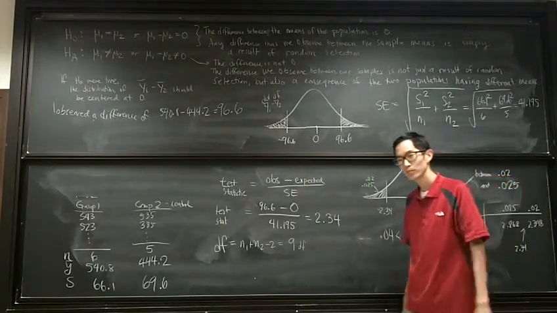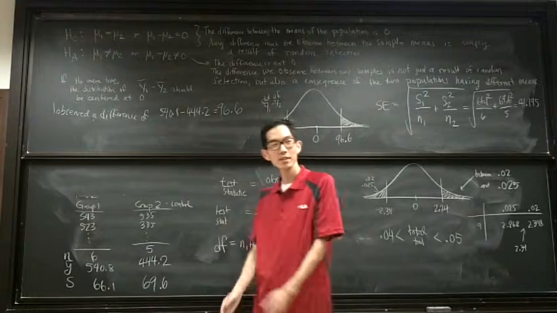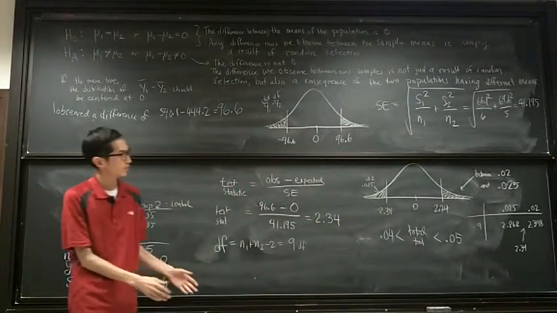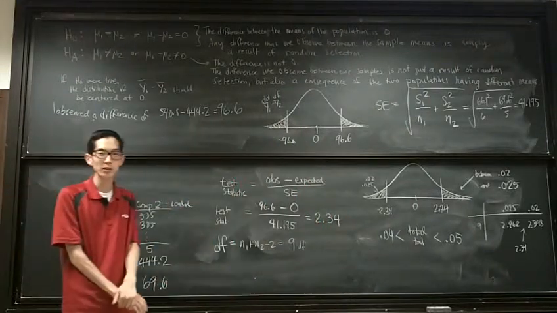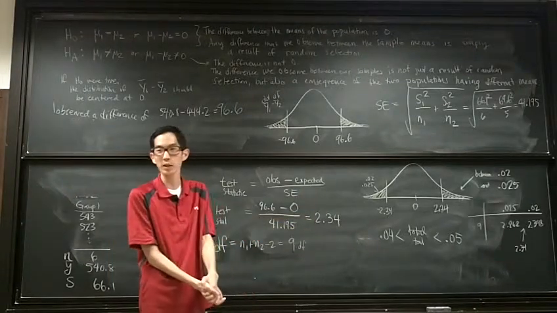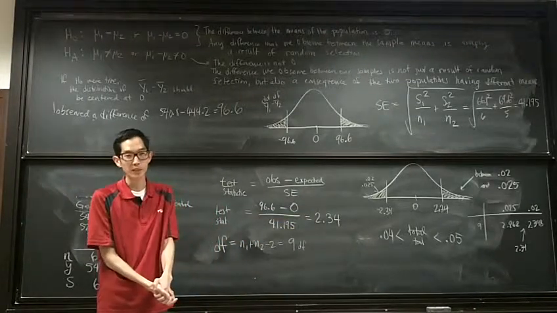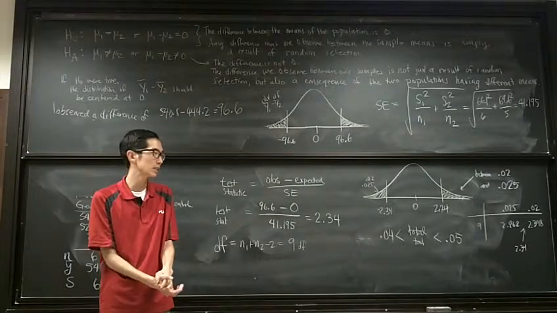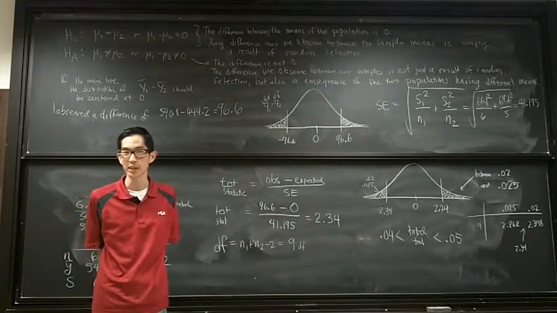So, what do you guys think? Is that enough for me to take a chance and rule out the possibility that it happened by chance, or is it not enough evidence for me to rule out that possibility?